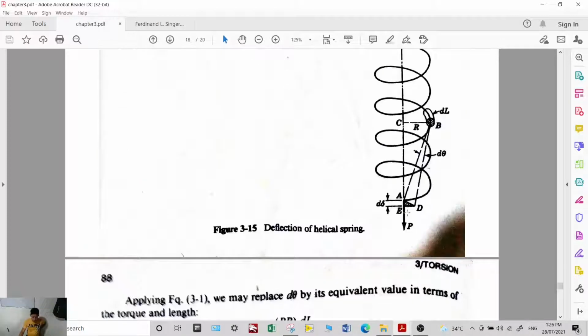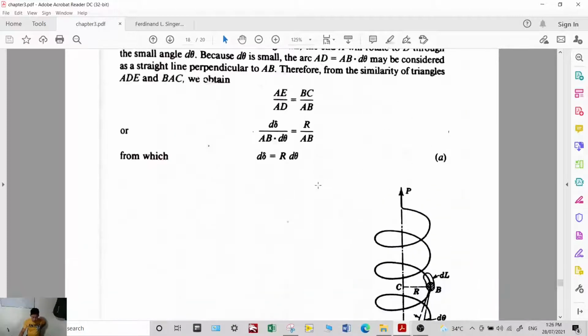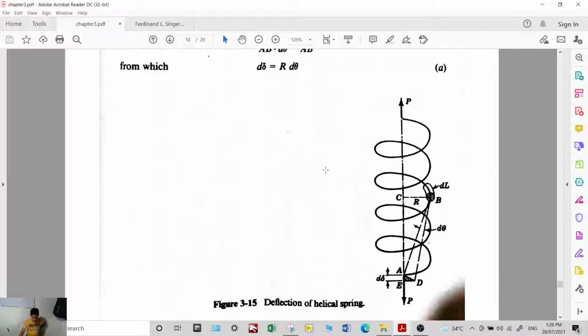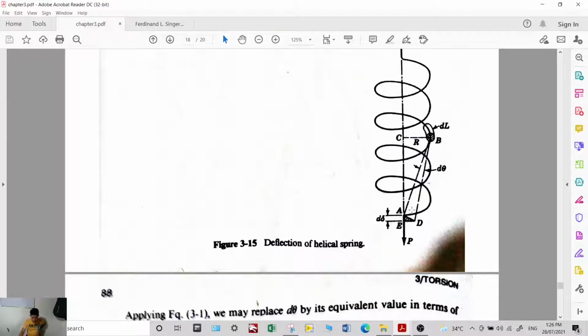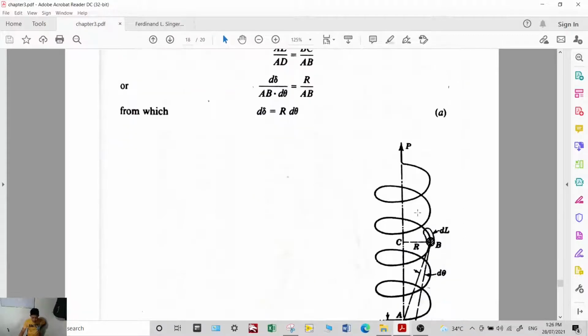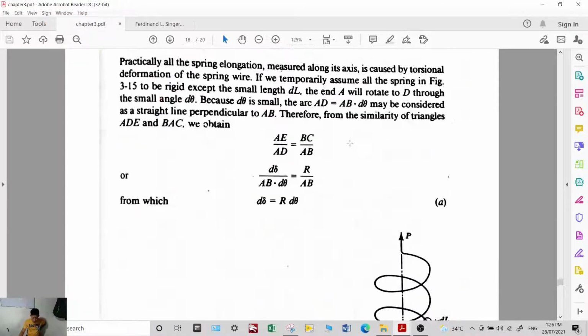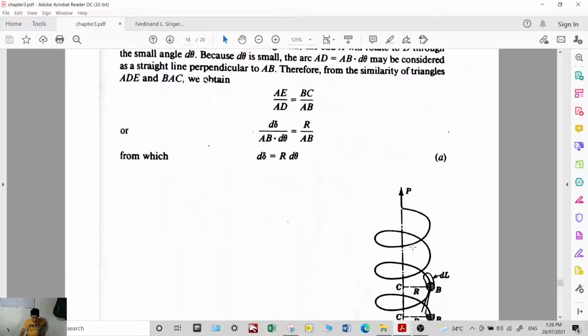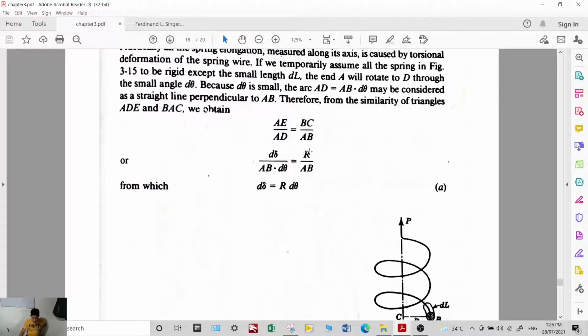Muna ang imo deflection over ang value sa AD. This is AB d theta, is equal to BC over AB. What is BC? BC is R, the radius sa imong spring, R over AB.